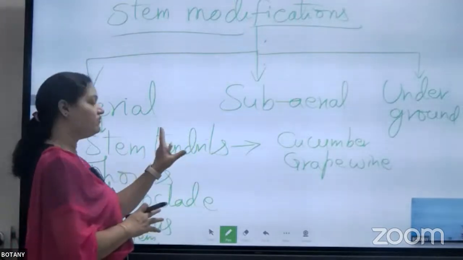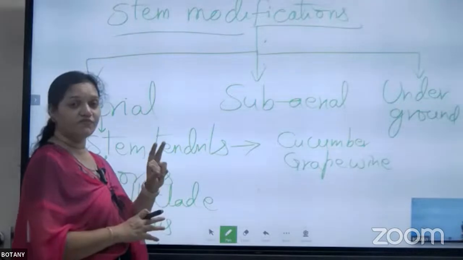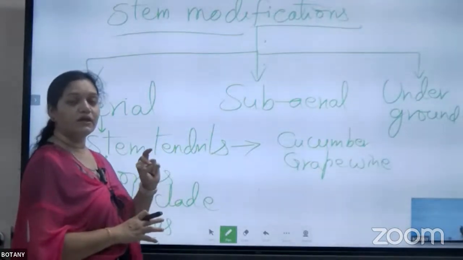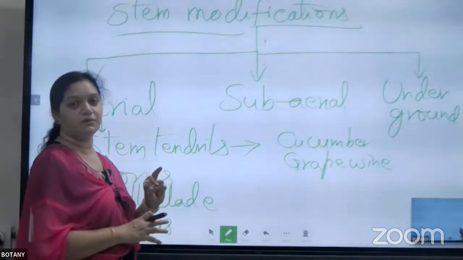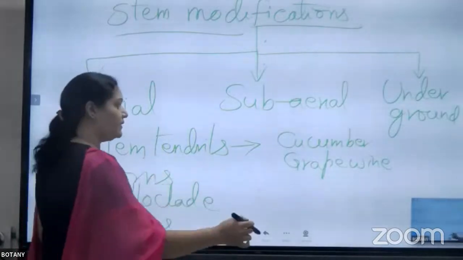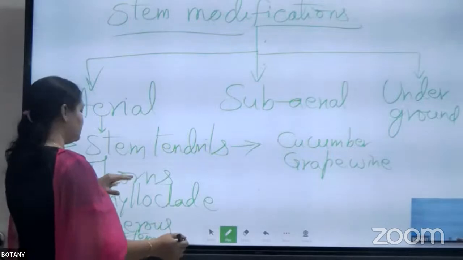Only what is meant by stem tendril. When the axillary buds modify into thin green colored wiry structures to give extra support for the weak stemmed plants, they are called the stem tendrils. Example, cucumber, grapevine. And the second one is the thorns.